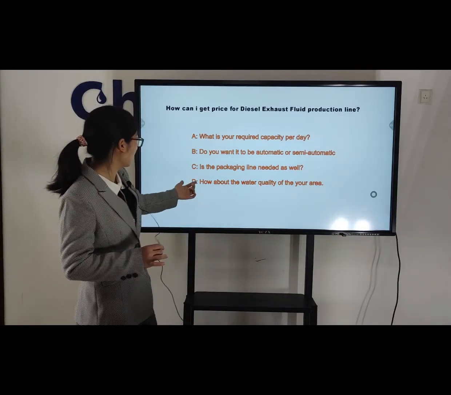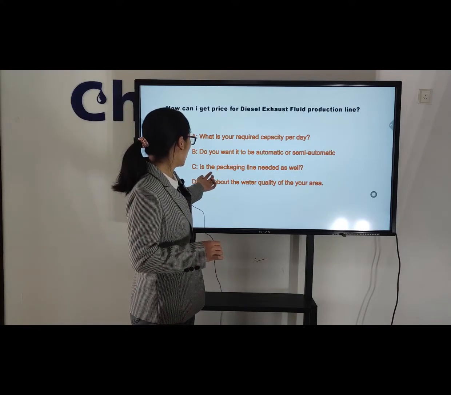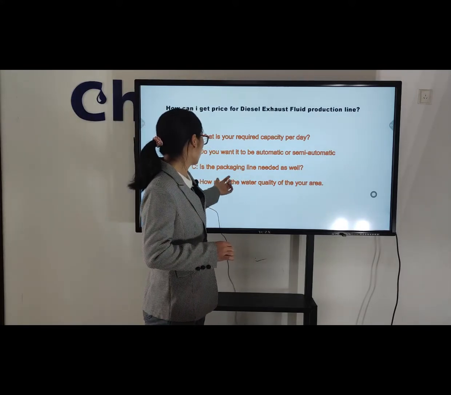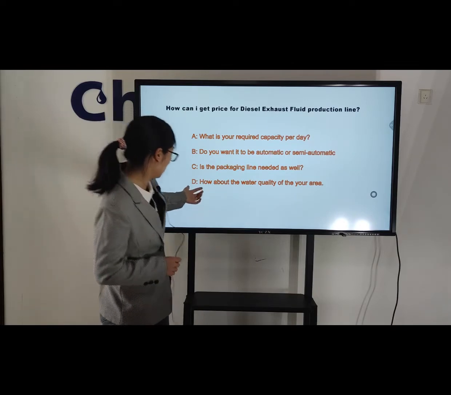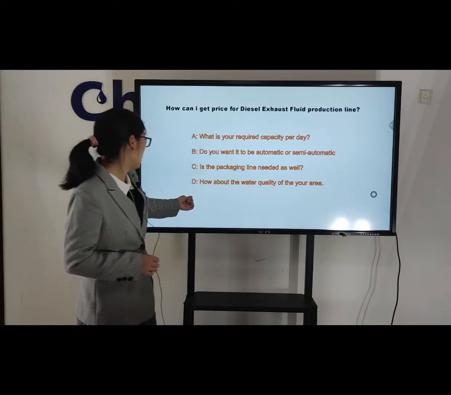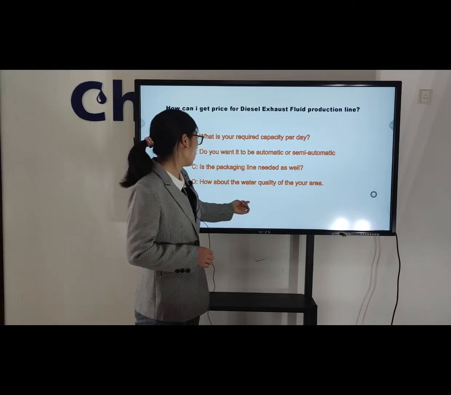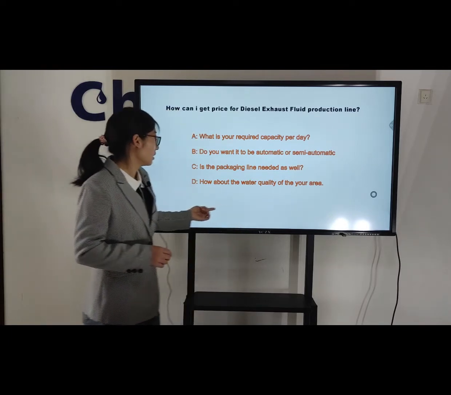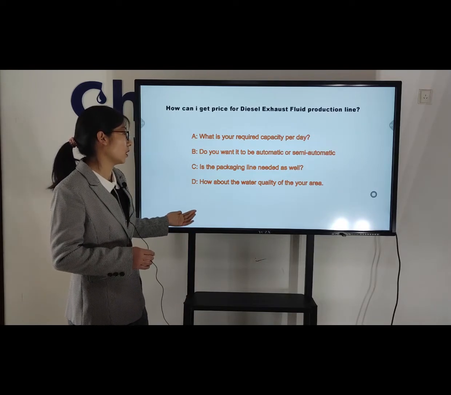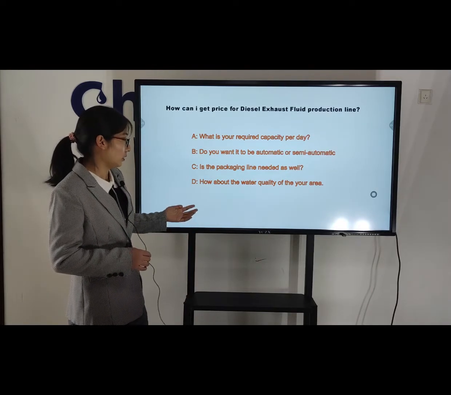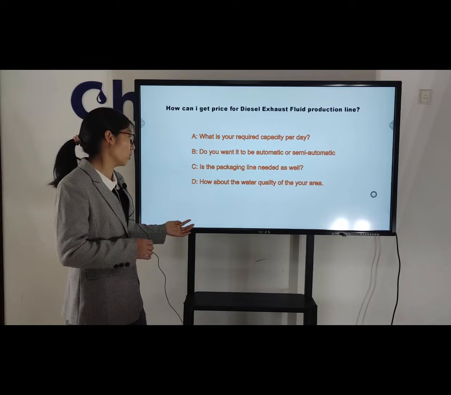In that way, this part will not be needed. And the fourth is about your local water quality, because in different areas the pH value is different. We have to pay attention to this point when we design the water part of your production line.